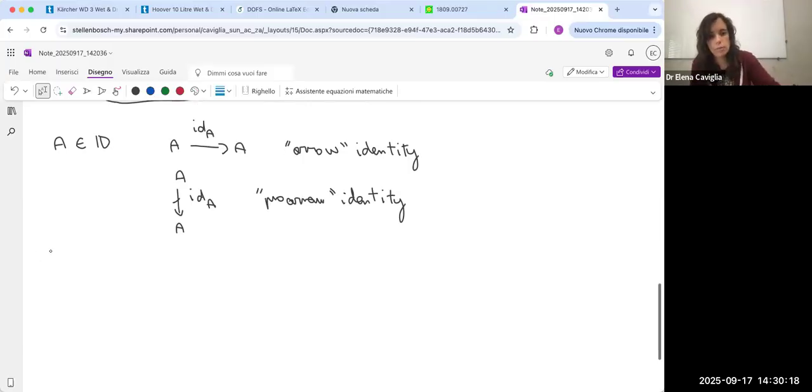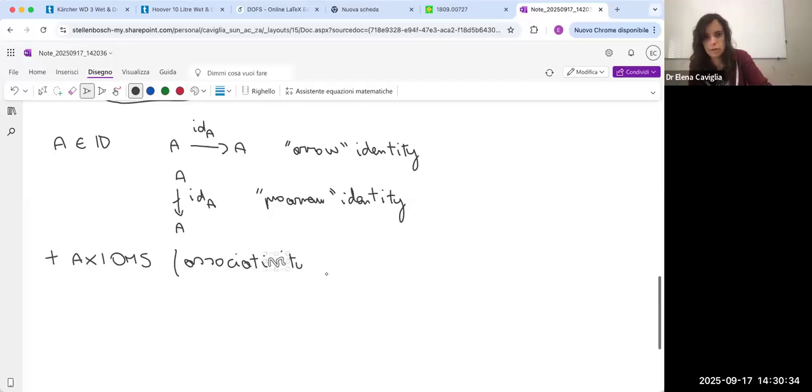And all these objects need to satisfy axioms, of course. And these axioms are about associativity of composition, of any kind of compositions. And then we have unit laws.